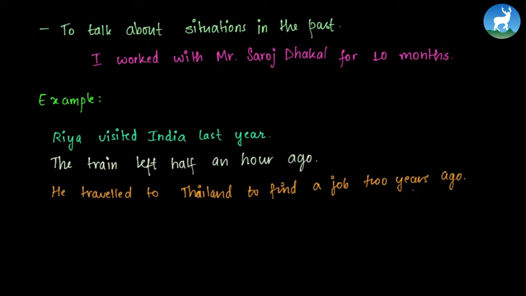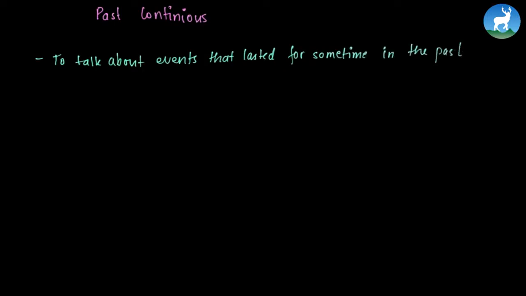Now we move further towards past continuous tense. The past continuous tense is used when we talk about actions that lasted for some time in the past. You are basically talking about the past, but it was happening in the past, but you're talking now.